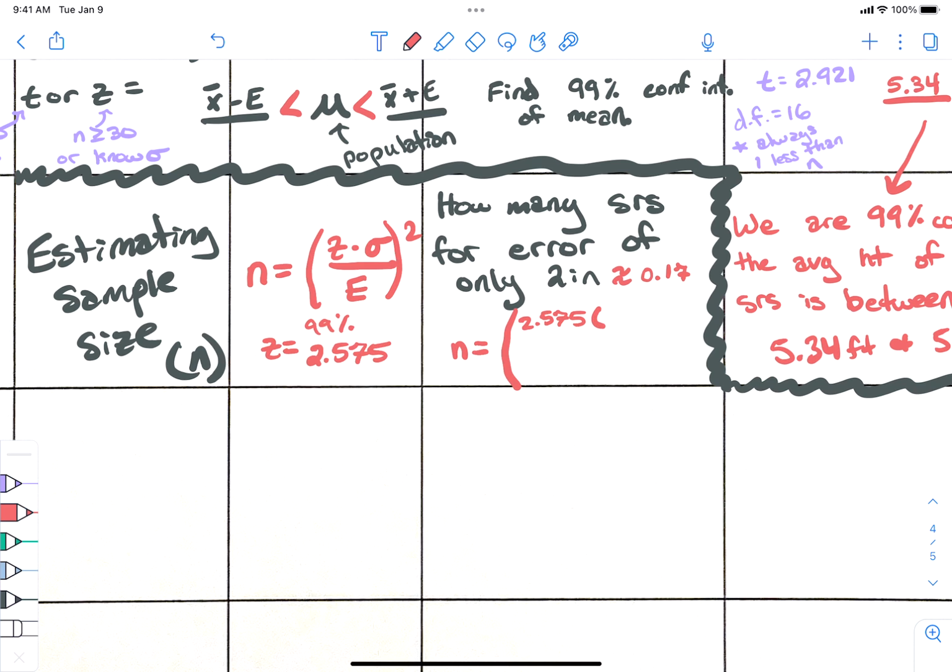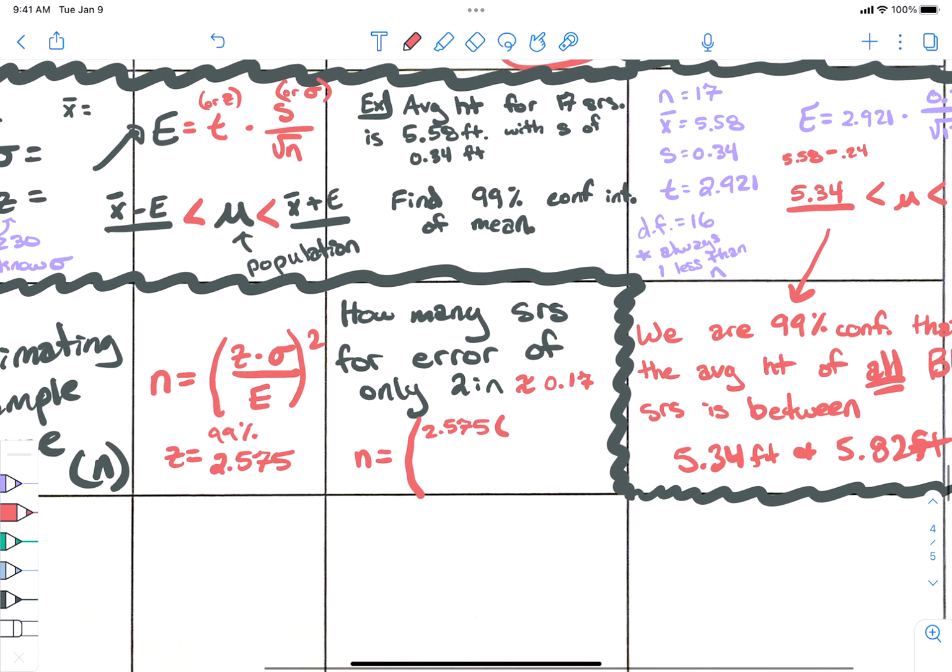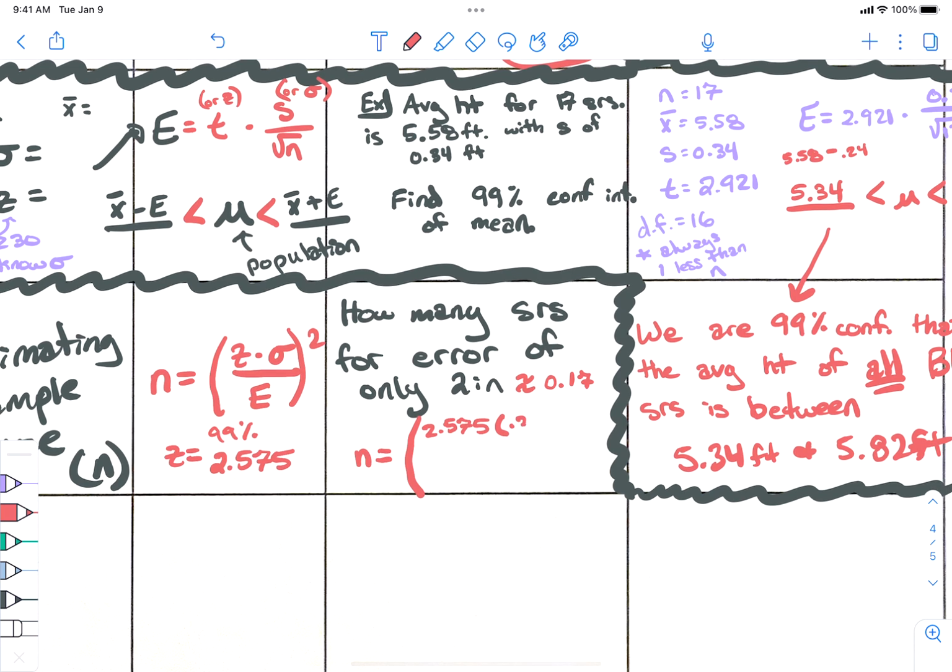Standard deviation is the same as up above, 0.34, all over the error, which is 0.17. How many seniors do we have to survey in order to have that happen?